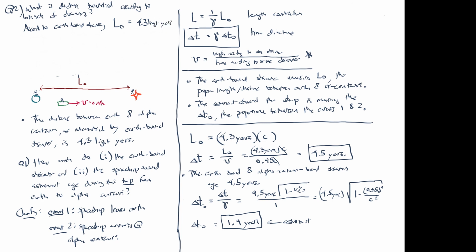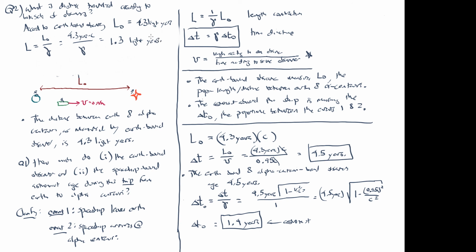Is that the same distance that this astronaut himself sees? Well, the answer is no. He sees the distance to be L naught over gamma. And so if you plug in 4.3 years times c and divide by our gamma factor, which we had just computed for the other one, you would see that he sees a distance of 1.3 light years.